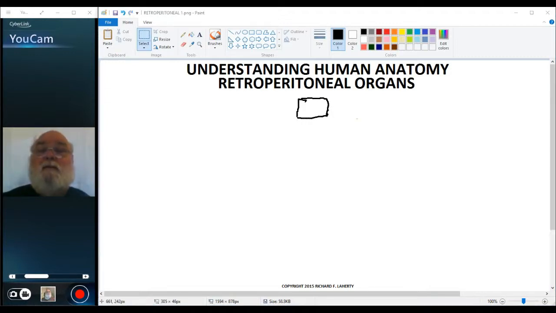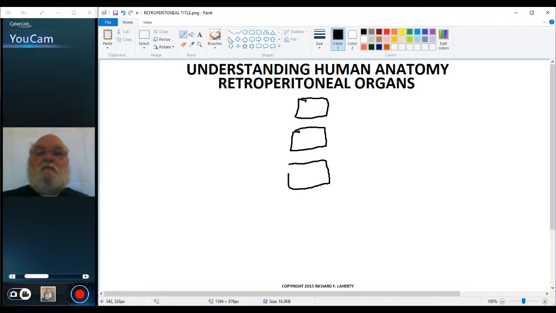We'll make this one T12, and L1, L2, L3, L4, and L5. And forgive the little bit of scoliosis I've drawn in here. We'll sketch in the intervertebral discs.